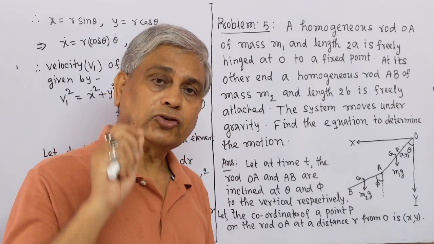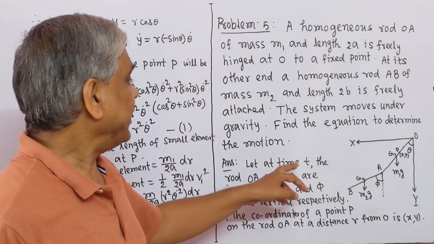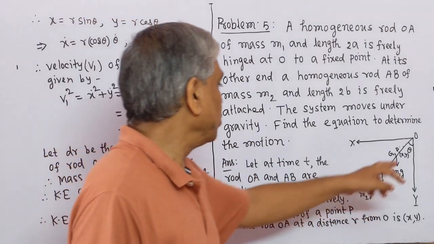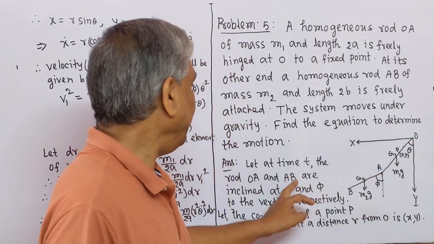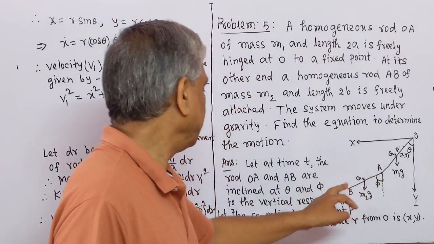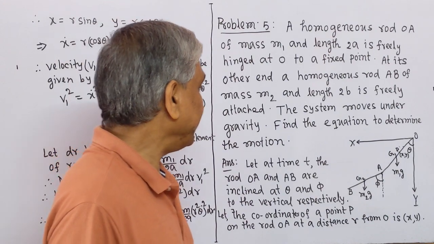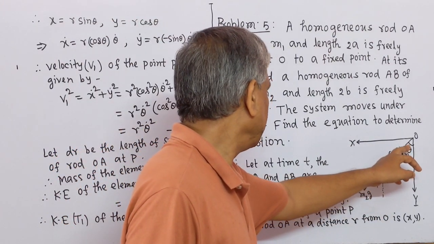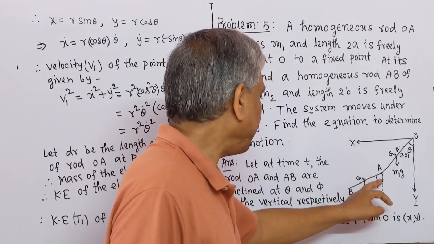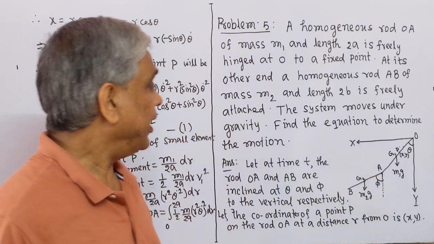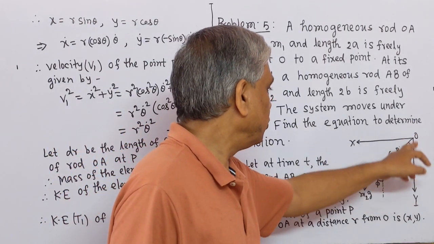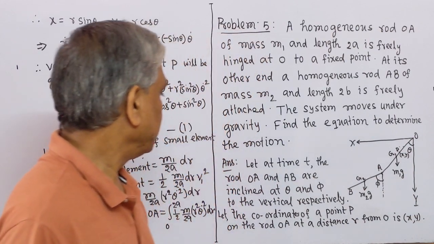Now we solve this. Let at time t the rods OA and AB be inclined at angles theta and phi respectively to the vertical OY axis.